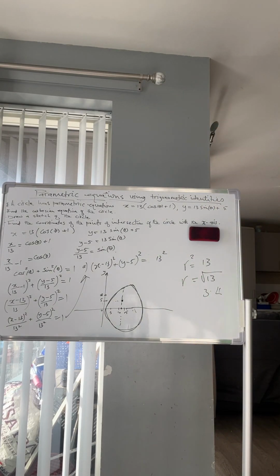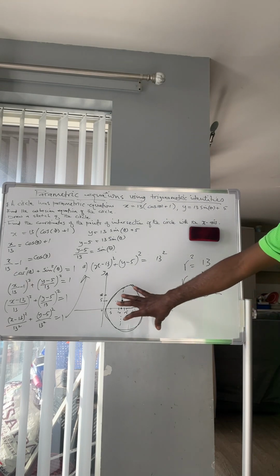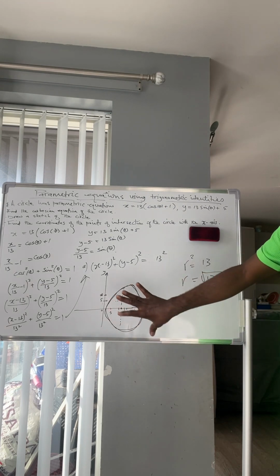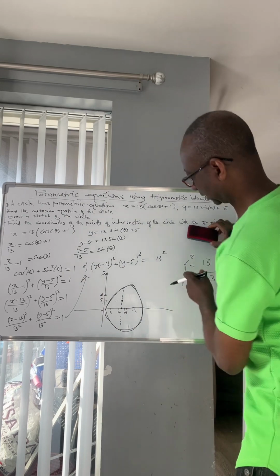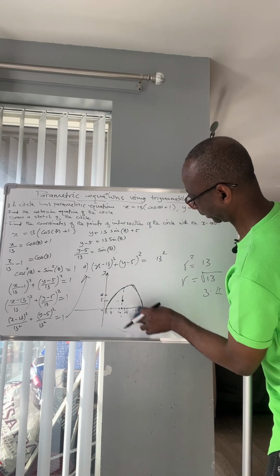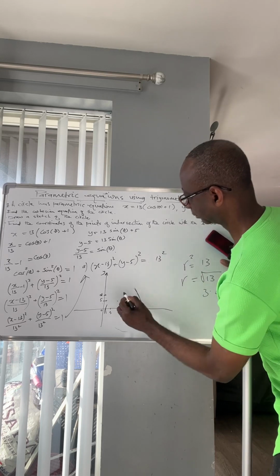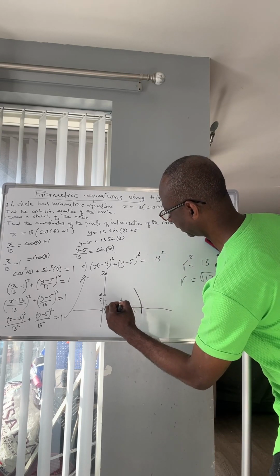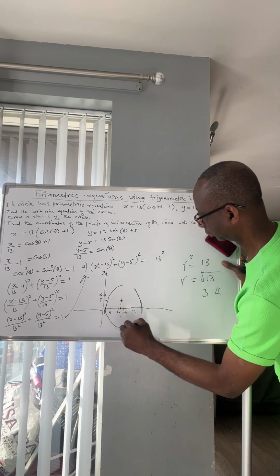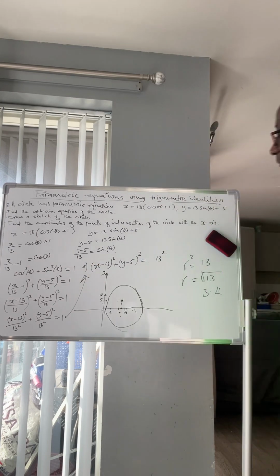Something like this you get. If you are not sure how to sketch this, this is not proper, but it's a sketch. This is the center, yeah? Better this time.